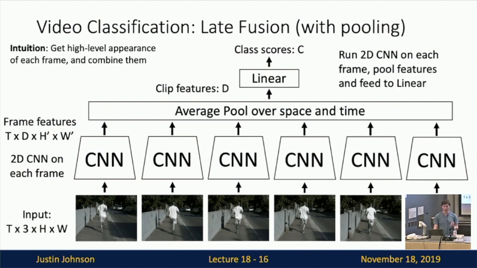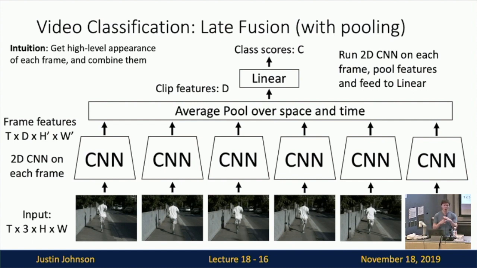So in fact, another way that we can do late fusion is actually the same trick that we did in image classification models, which is to replace the flatten and fully connected operations with some kind of global average pooling followed by fully connected layers. So when we apply this idea of average pooling to the temporal domain, we will still get these independent per frame features using our favorite 2D CNN architecture. And now we will apply a global average pooling layer that will perform an average pooling over all of the spatial dimensions and over all of the temporal dimensions.